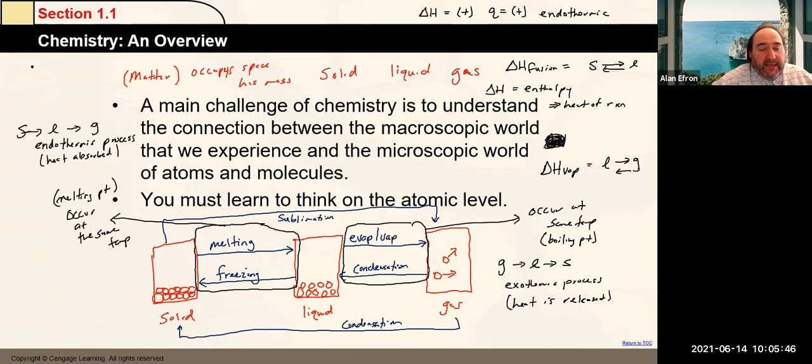If you see a delta H value that is negative, or a Q that is negative, and again, Q is heat, from that specific heat equation, Q is equal to ms delta T, that refers to an exothermic process. Again, heat and energy would be released in that particular case.